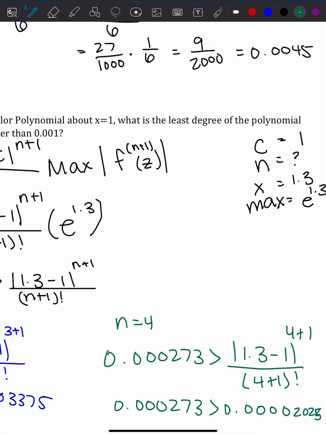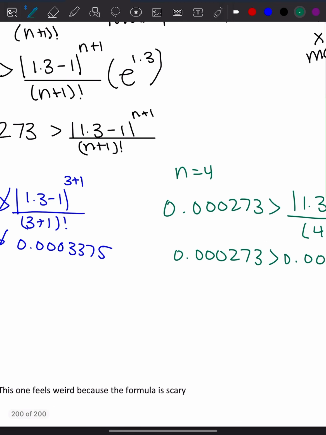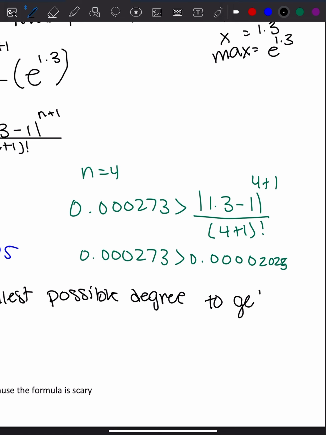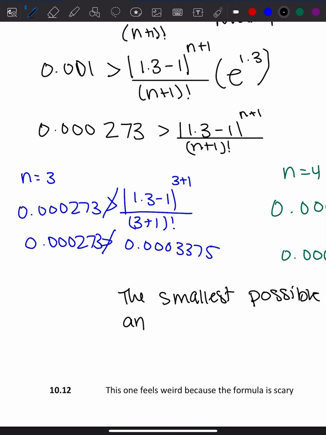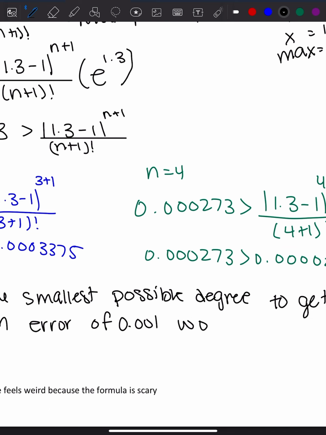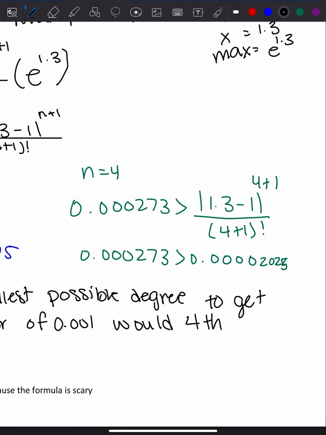This has one more zero, so we know this is true, which means that the smallest possible degree to get an error of 0.001 would be the 4th degree.